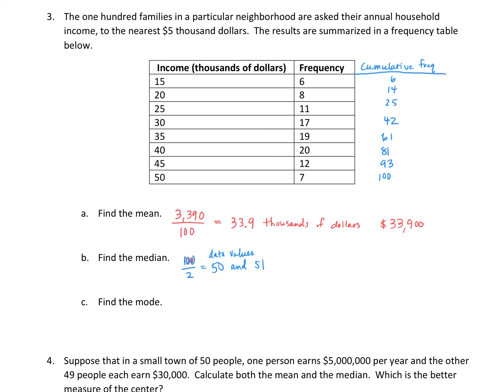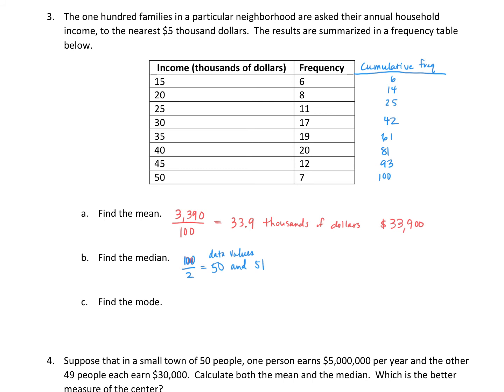So that tells you your first or smallest 6 data points are in the first category, 15,000. Then your next, like items 7 through 14, are 20,000. Items 15 through 25 are 25,000, etc. So we're looking for items 50 and 51.